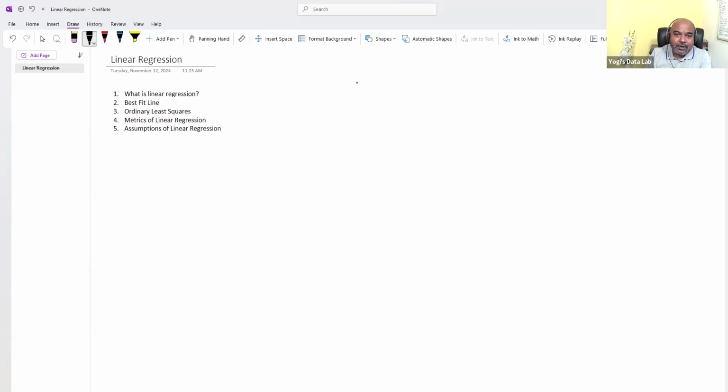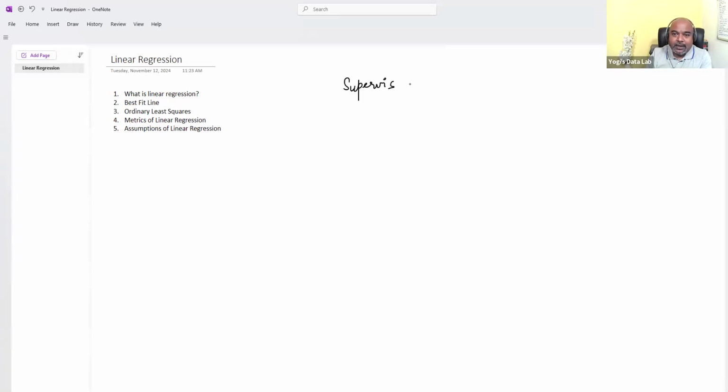Whenever you are predicting any target variable which is continuous, we know that in supervised learning we have a target variable, meaning I am trying to predict some output. So I do have a target variable, or we call it an output variable, meaning I'm trying to predict some y, something that I want to know.